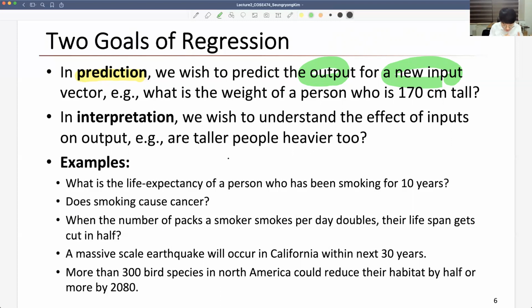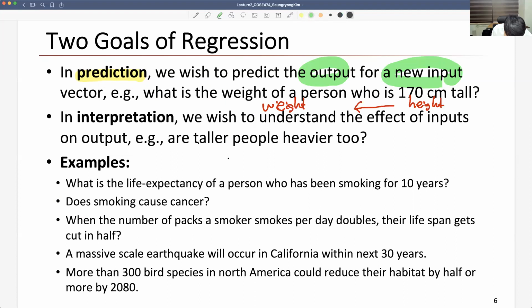In other words, we would like to predict the relationship between height and weight. So this is the first goal of regression, to predict the relationship between input and output variable.